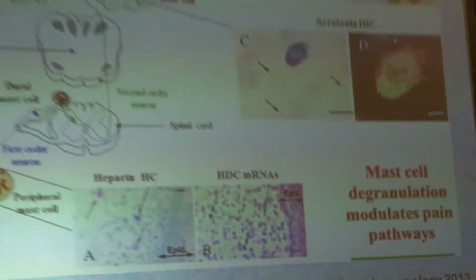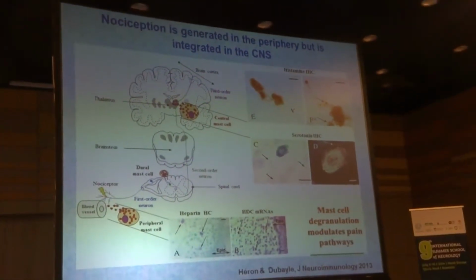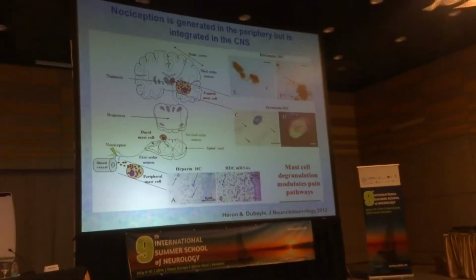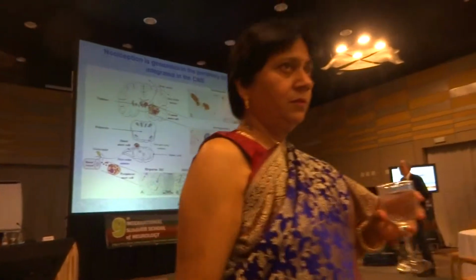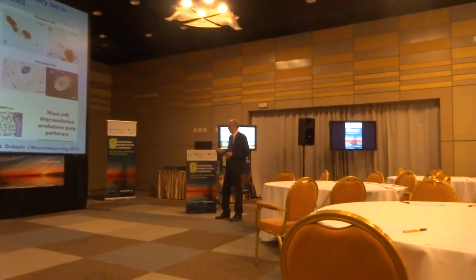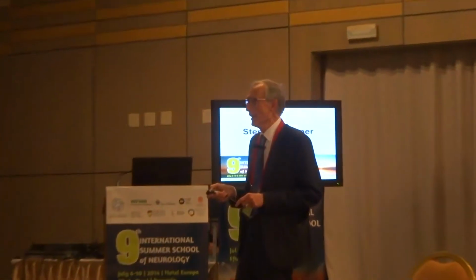Now, apart from what I mentioned in the peripheral nerve, mast cells participate in pain transmission both at the spinal level and also at the supraspinal level. If you have a noxious stimulus, the blood vessel in the tissue can release agents which activate mast cells.